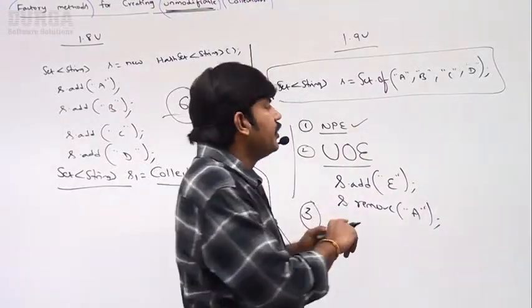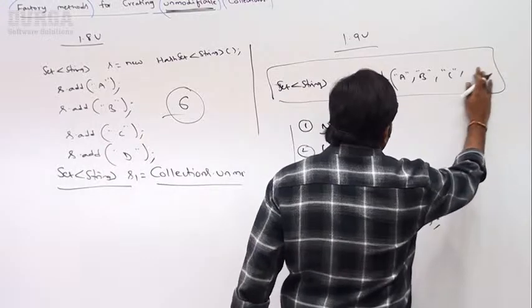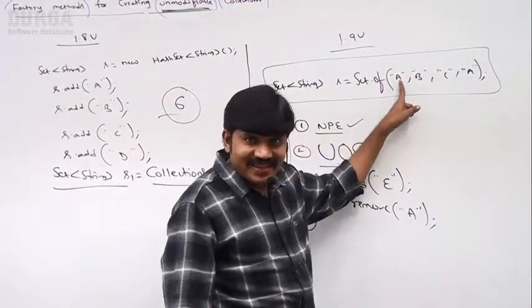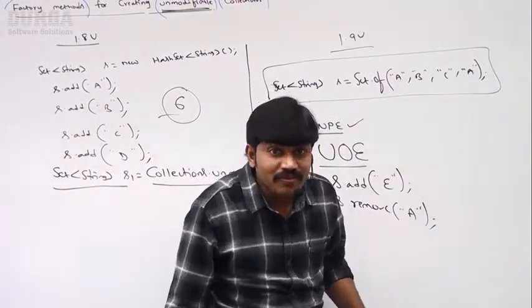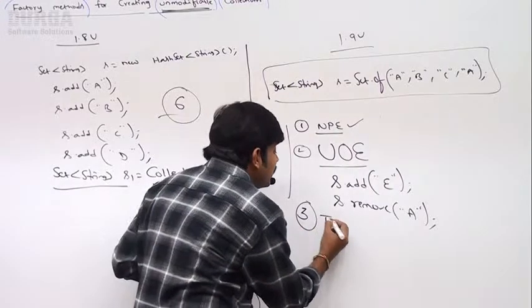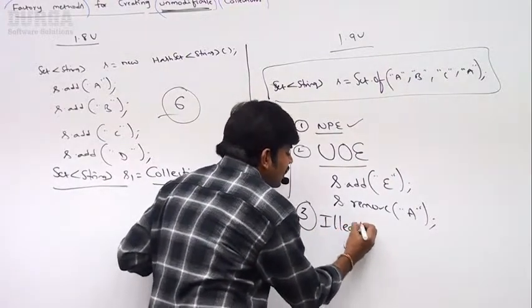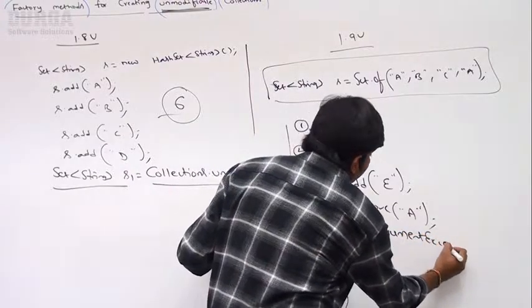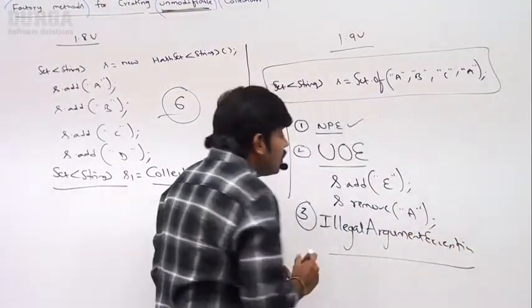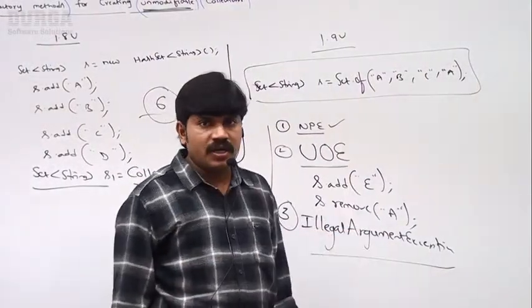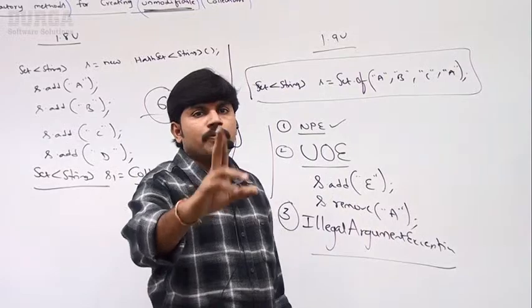By mistake, in our elements, if a duplicate element is there, A is here, A is here also, then immediately we are going to get an illegal argument exception. Are you getting it? What is the exception we are going to get by default, sir? Illegal argument exception we are going to get.